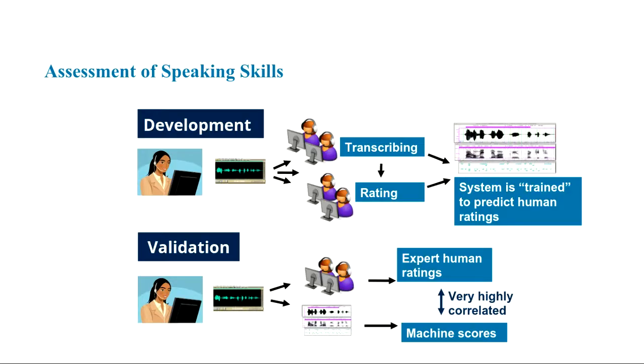How are they done? I'm going to give you a very short version of this. Basically, every single item that we put into this test is trialed by thousands of people. We have an acoustic model of the English language, which forms the basis then of understanding what people have said. We get human markers to transcribe for each item about 1,000 of the responses and mark them.